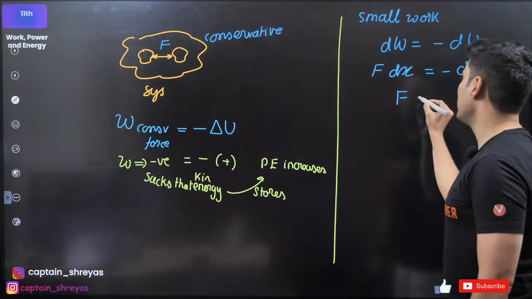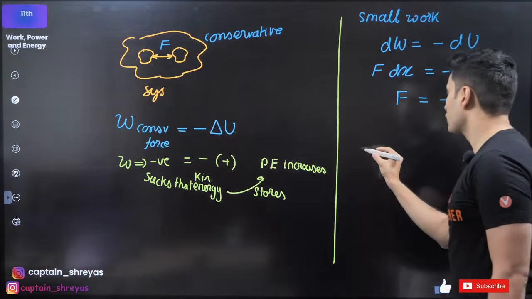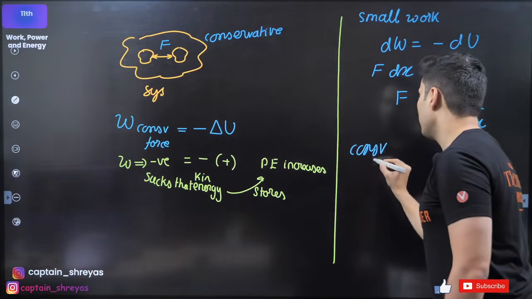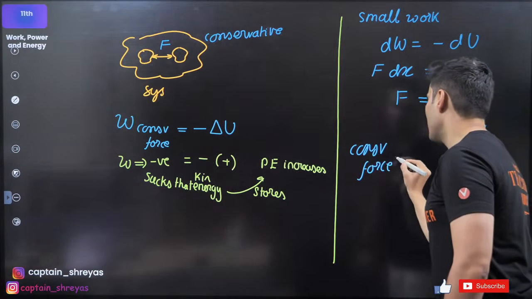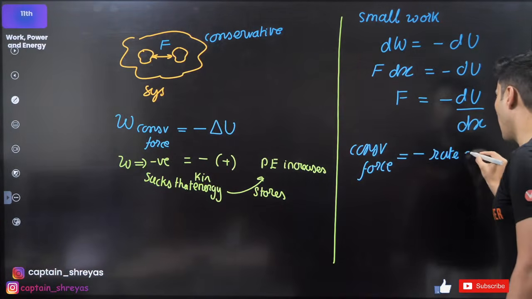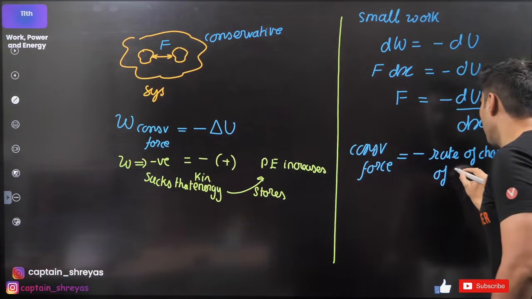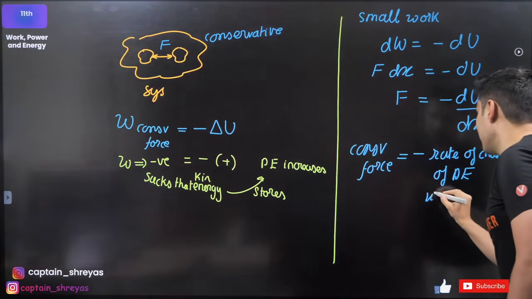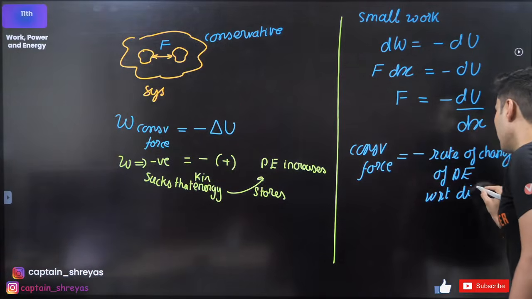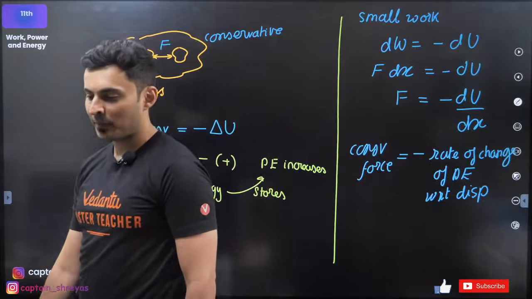So from this you get F is equal to minus dU by dx. So conservative force is the negative of the rate of change of the potential energy with respect to displacement. This is where that formula comes from.